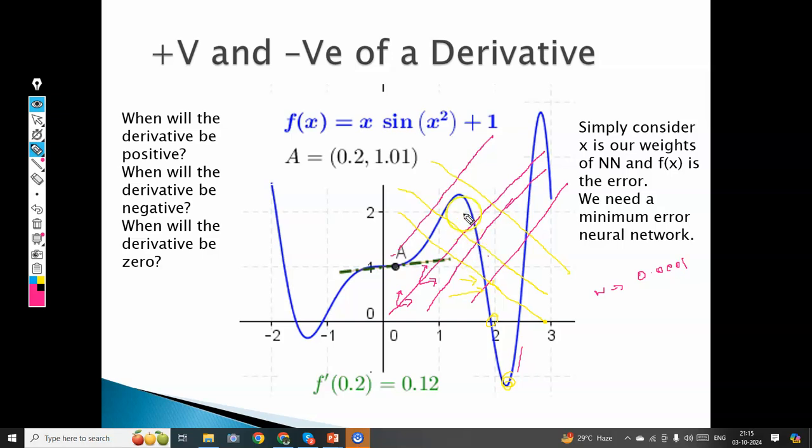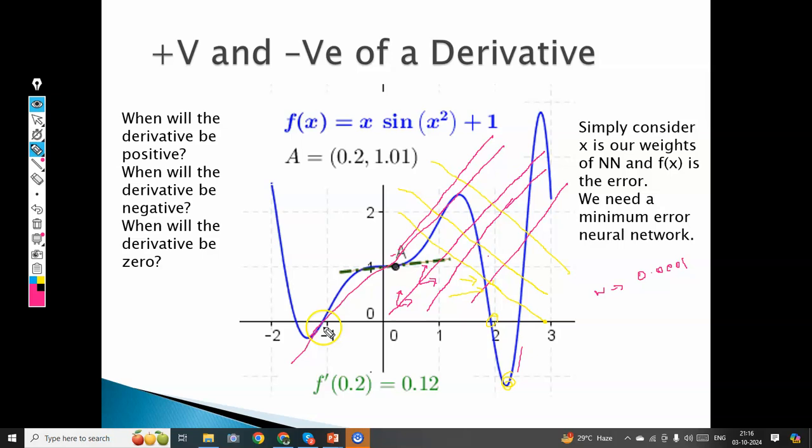If you see this line, this line is parallel to the positive lines. So this is our positive slope. Whenever we have a positive slope, if we increase our x, our y also increases, so the error also increases.